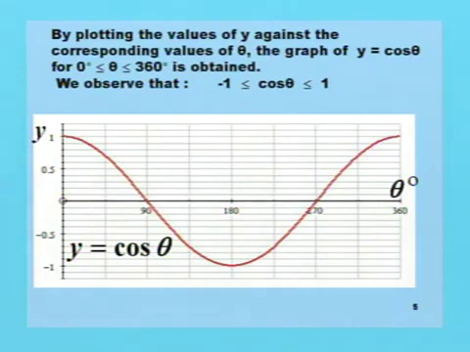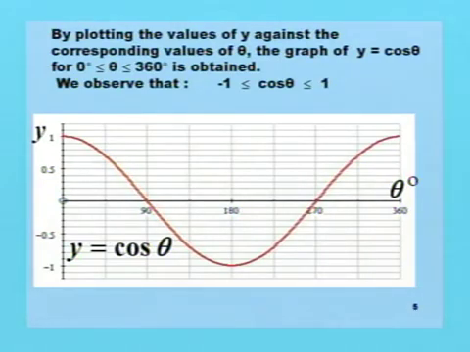At 0 on the theta axis, we have a value of cos theta as 1. So, the cosine graph starts at 1, slopes downward to 90 degrees on the theta axis.